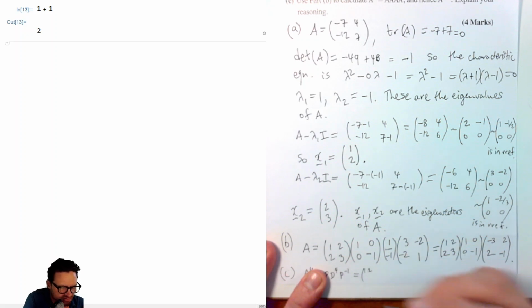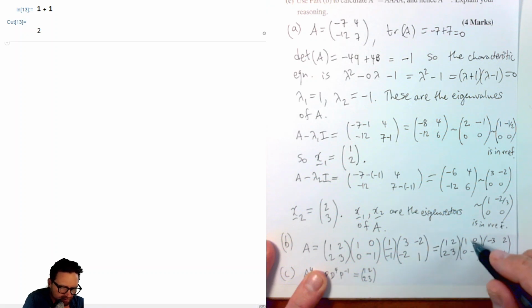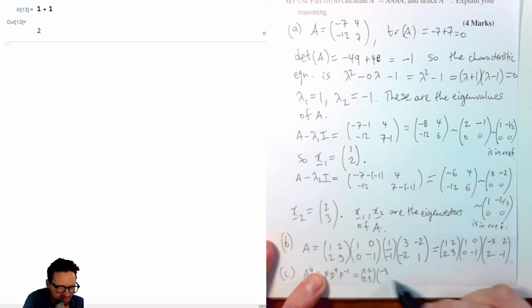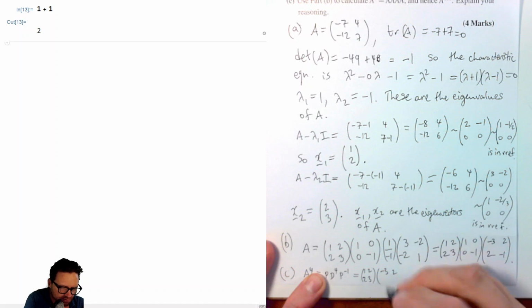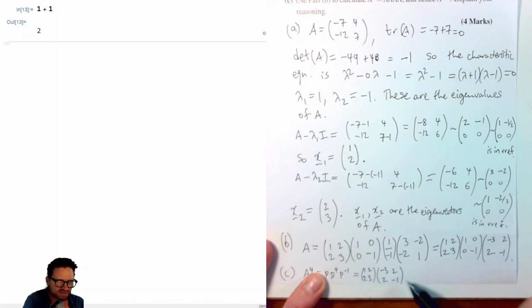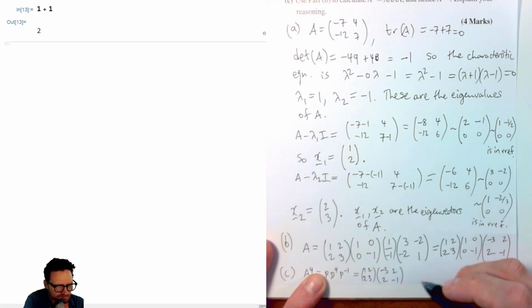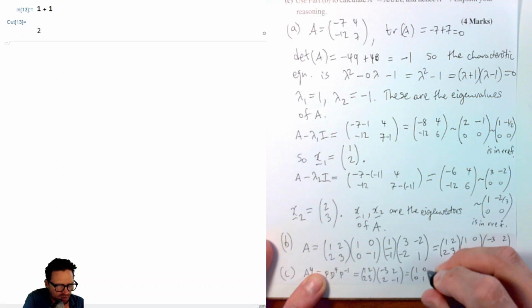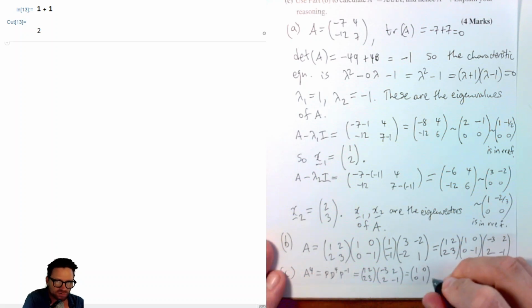So we've got (1, 2, 2, 3), and then the fourth power of these is just the identity matrix. So we get minus identity times this is (-3, 2, 2, -1). And if we expand this out, this is supposed to give us the identity matrix, because this is P inverse and this is P. And so we've got (1, 0, 0, 1) for A to the power of 4.